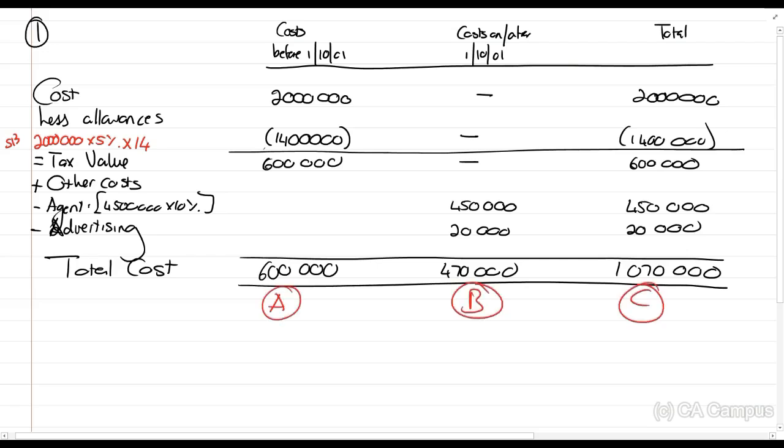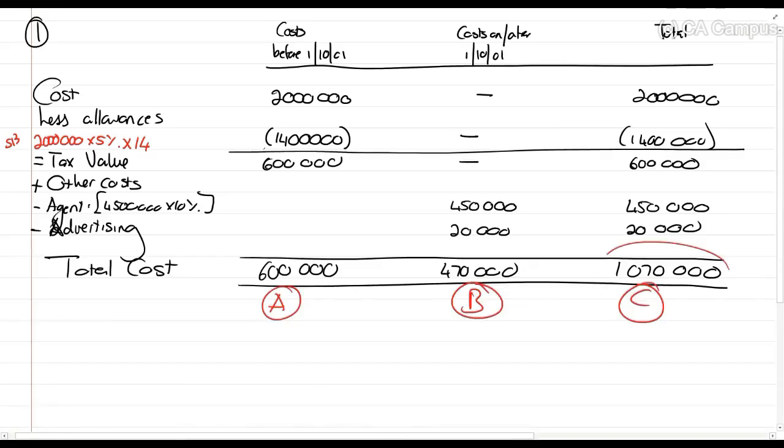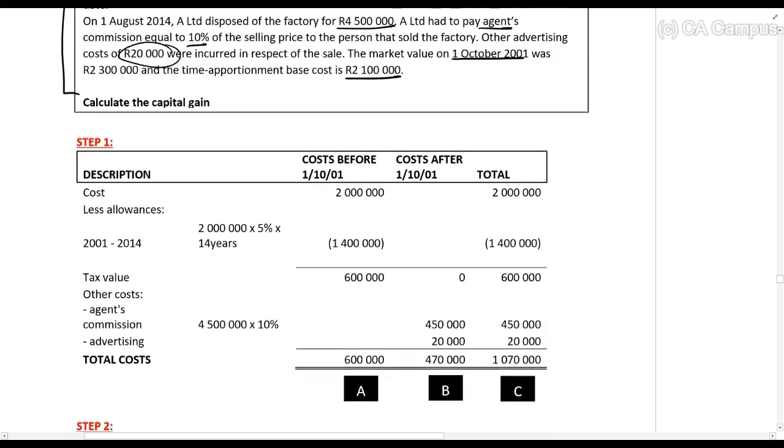What they're asking for is, they told us we need to have the total cost before and after 1 October 2001. Now, this total cost after 1 October 2001 is this 1,070,000. Alright, that's step 1. So I just want you to see here, guys. Step number 1. You'll see I've even labeled it there. Same thing for you guys.